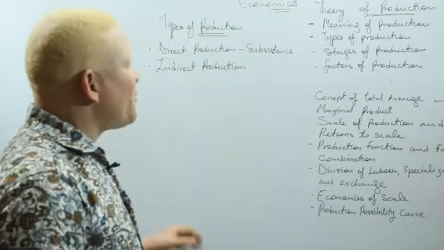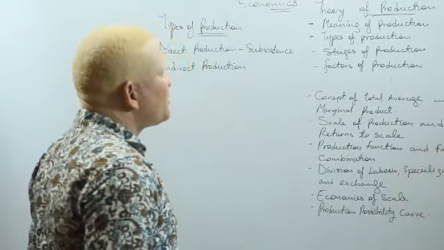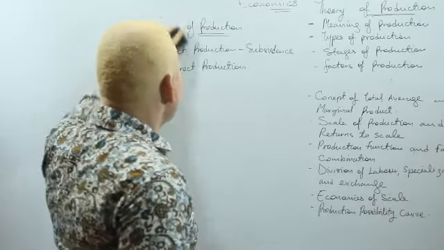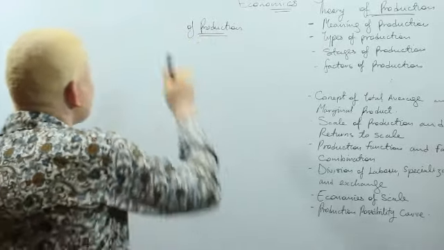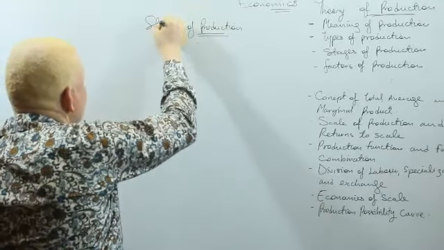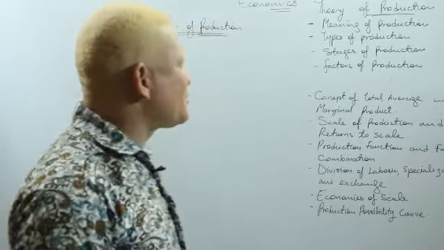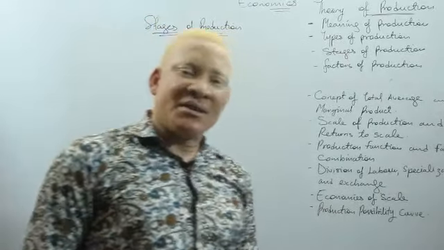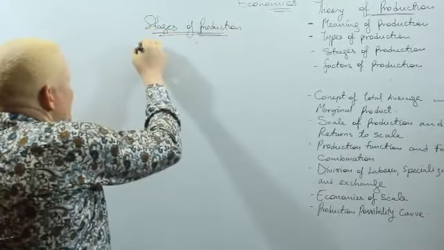Now that does it for types of production. Now we take a look at stages of production. Stages or forms of production. We refer to it as stages or forms of production. Now, the stages of production are three.